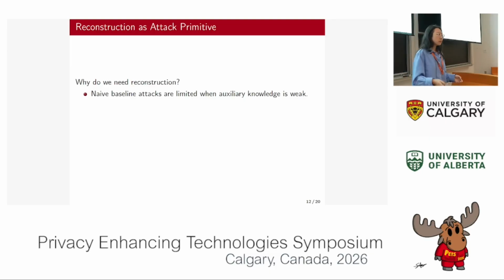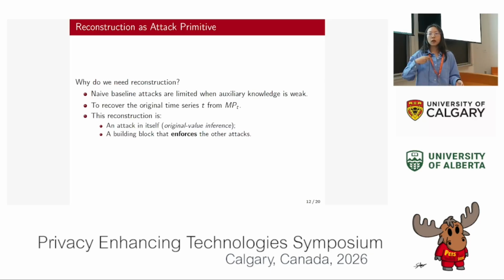When we consider a strong attacker, it can actually do some naive attacks, but these attacks become very limited when we consider weak auxiliary knowledge. That's why we need a reconstruction to recover the original time series from its transformation, the matrix profile.